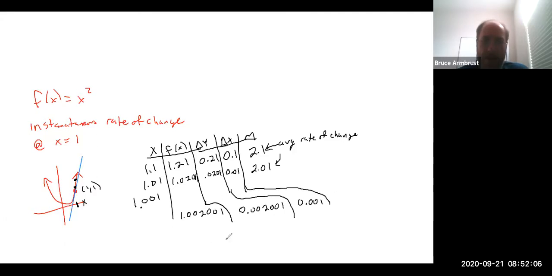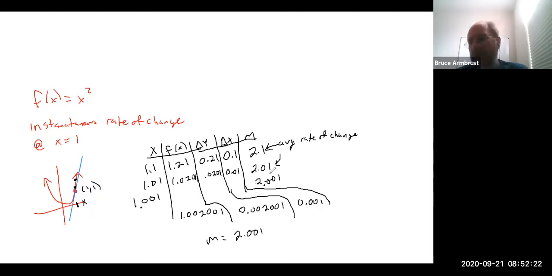So if I calculate my slope, I get 2.001. So over a time period of 1/1000th of a second, this is my average rate of change.